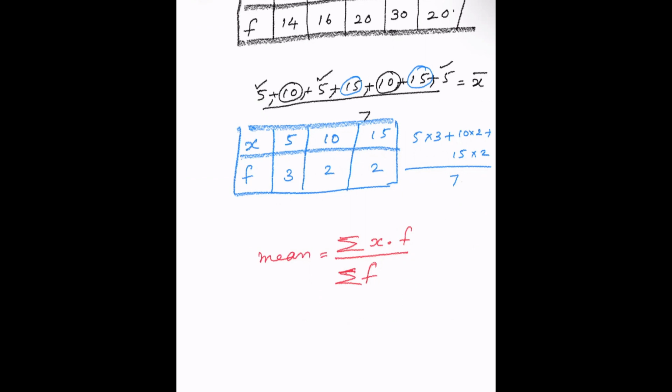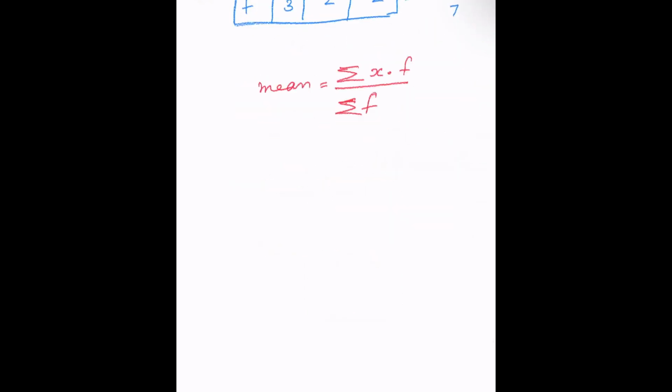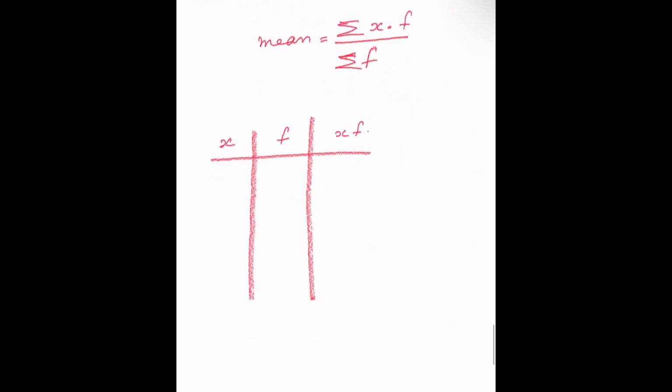Whenever you get this kind of problem, it is important to draw a table. The table is mandatory. In the table, you should have the columns X, F, then XF. All the given values you please write down. First value was 5, 14; 15, 16; 25, 20; 35, 30; 44.5, 20.